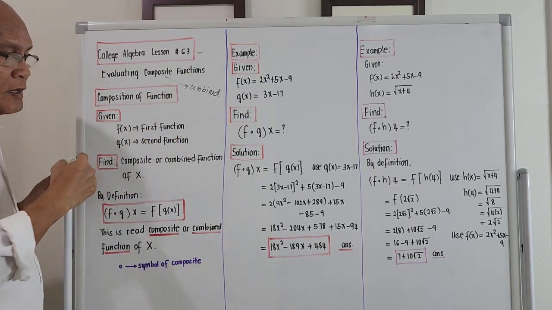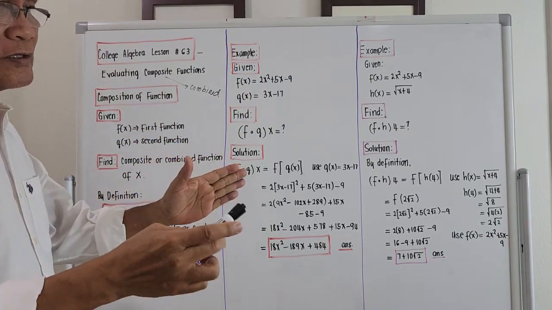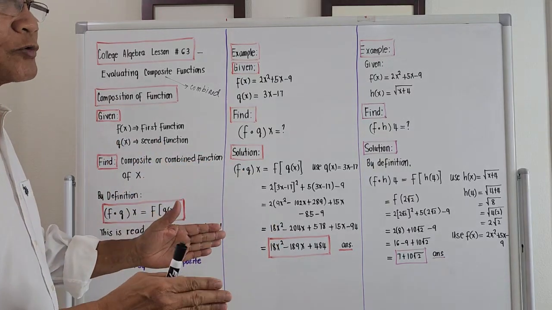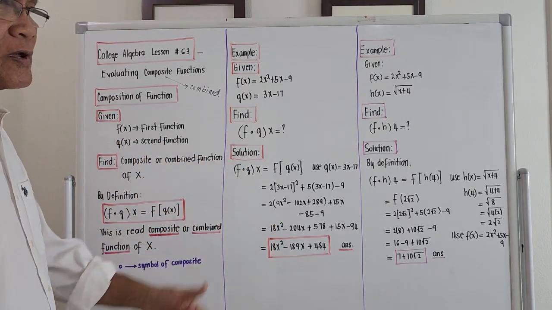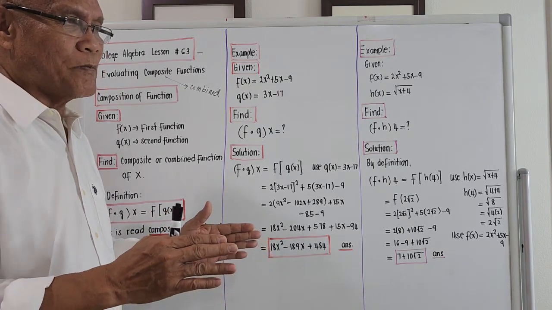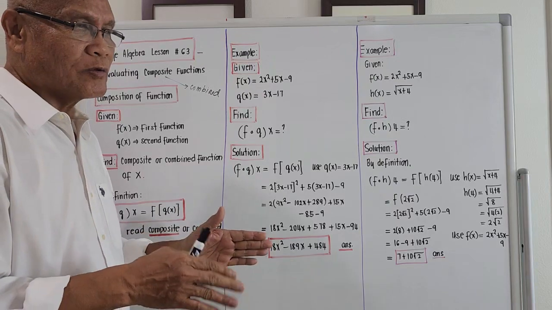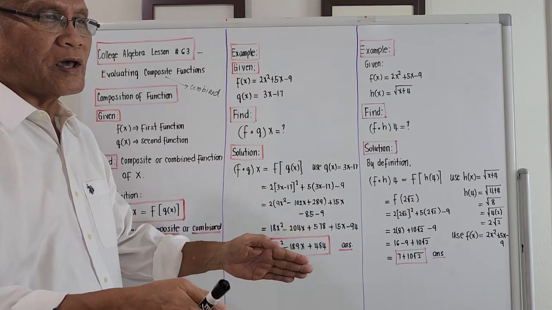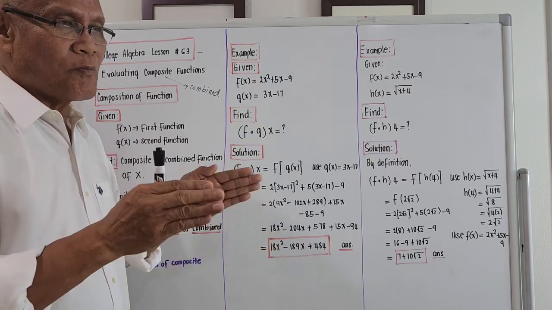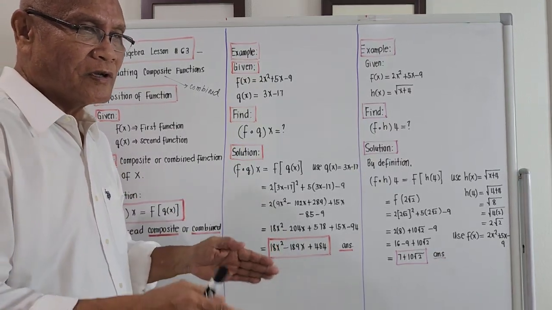Composite. Okay, let's try to bring out the definition of the so-called composition of function, meaning on how to combine functions under algebra. This is just combining two algebraic functions in algebra. So there is no hard thing about it. This is just combining two algebraic functions in algebra.